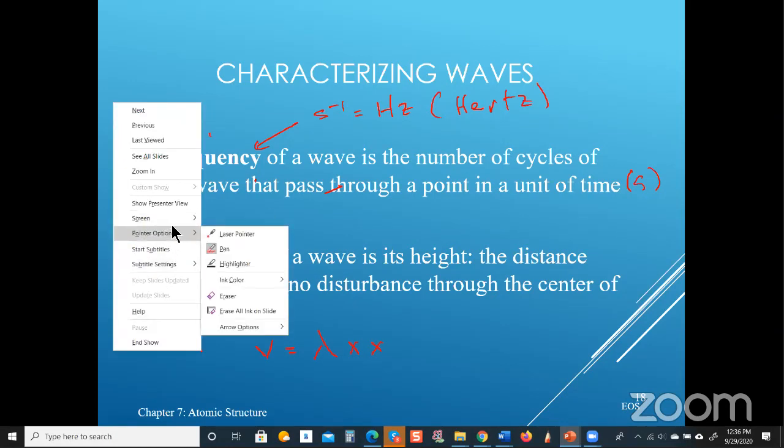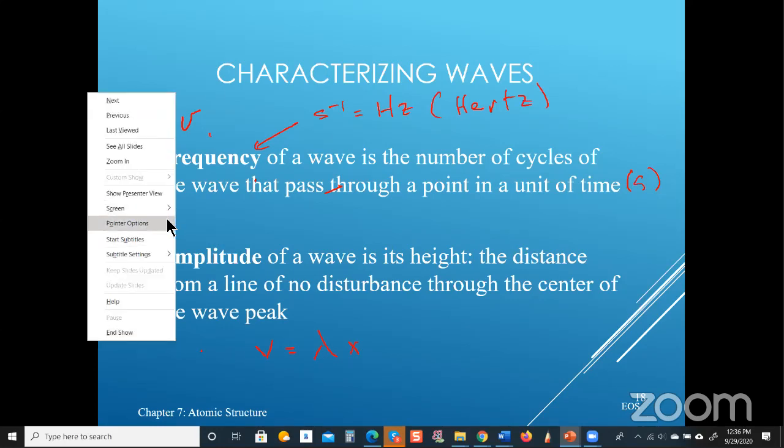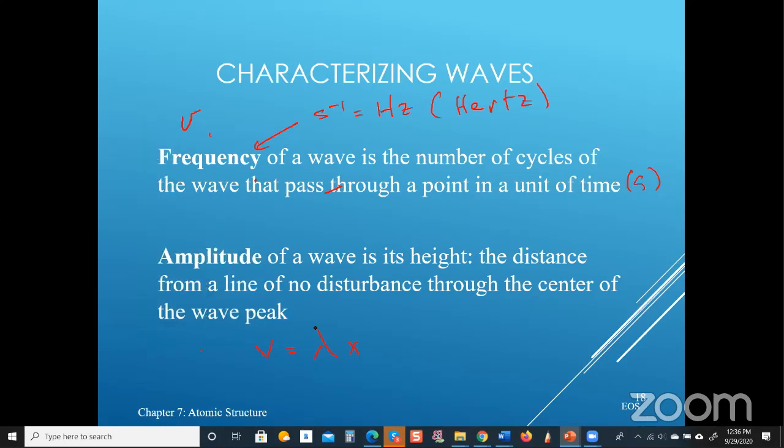So lambda times nu would be basically equal to the velocity of the wave. So this is the velocity. This is the wavelength.